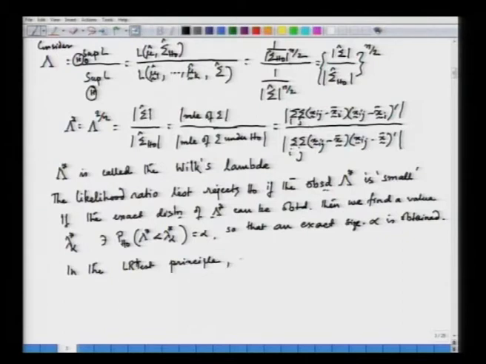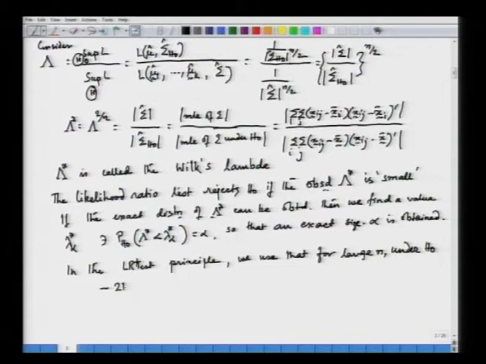Note that we use that for large n, under H naught, we have minus twice log of lambda. I said it is a function of lambda, not exactly lambda.